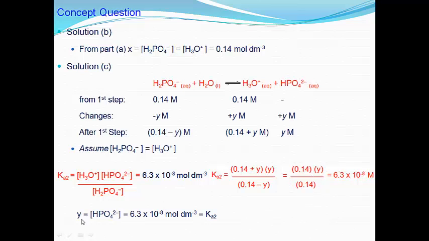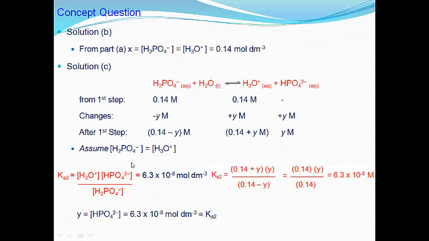It turns out that Y is equal to the concentration of HPO4 2 minus, which is equal to 6.3 times 10 to the minus 8 mole per dm cube, which essentially is equal to Ka2, which goes back to what we had when we looked at H3PO4. We said that the concentration of HPO4 2 minus is equal to Ka2.